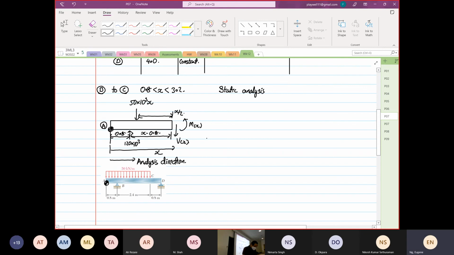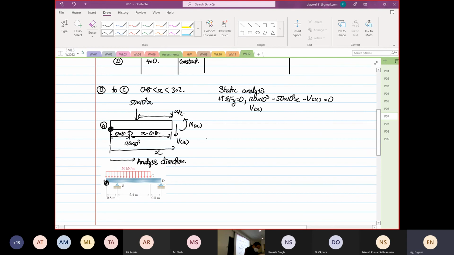Okay, so we will do positive is going up. Okay, so we have 120 times 10 to the power 3 minus 50 times 10 to the power 3 x minus V as a function of x is equal to 0.